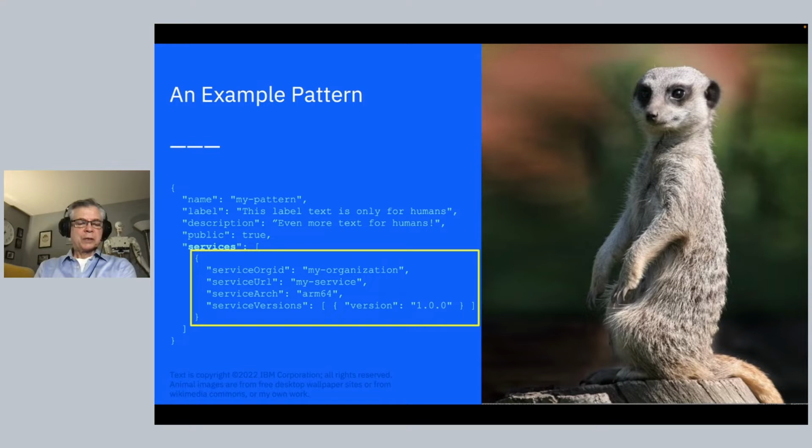So it can be whatever hardware architecture this service is able to provide. And then version numbers that are acceptable for deploying this service. And there are other things there, like the name of the pattern at the top that you would use to register nodes, and then various things like label and description that you can use for the humans. And public indicates whether people in other organizations can use this pattern because IBM Edge Application Manager is a multi-tenant service.